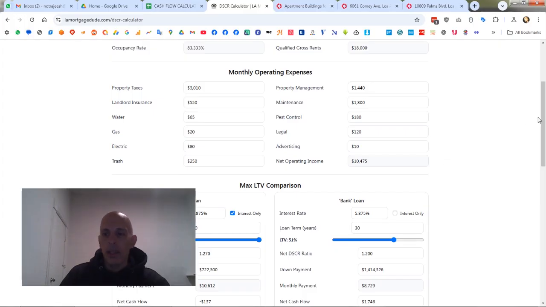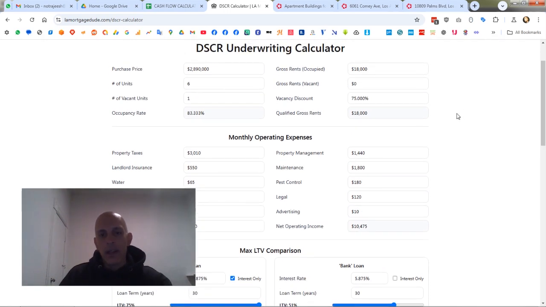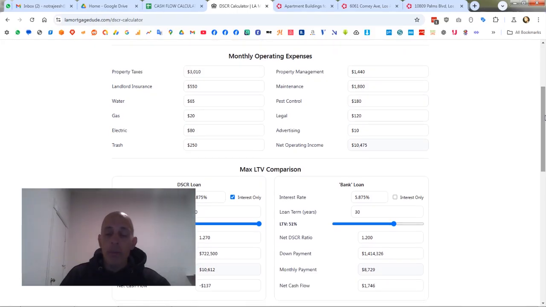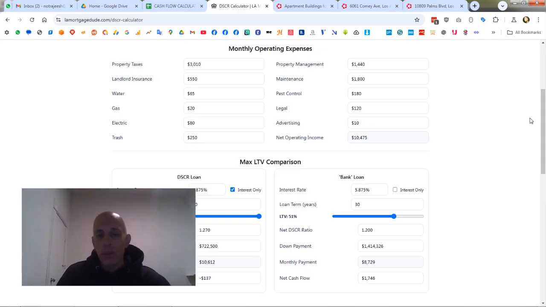Most people, when they do this, only look at gross rents and subtract the mortgage payments and think, that's my cash flow. And that's not exactly true. You have a lot of other maintenance and operating costs that go along with running a business, just as you would with any other business.